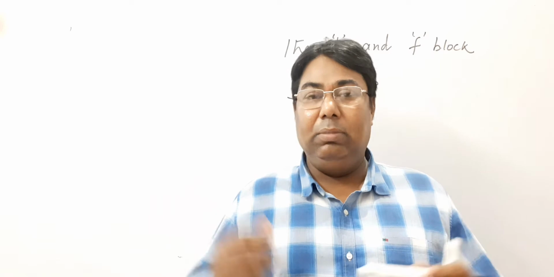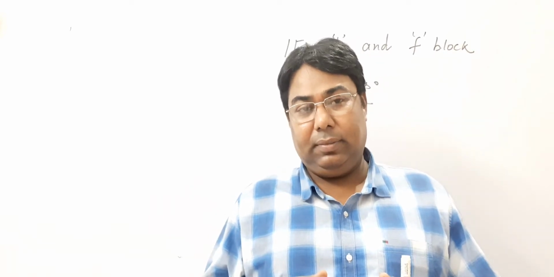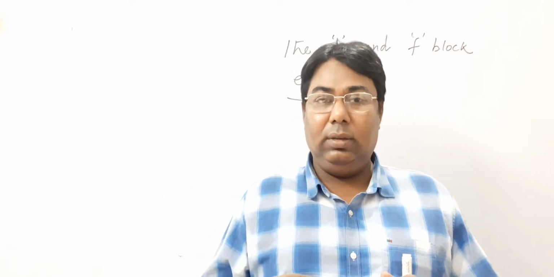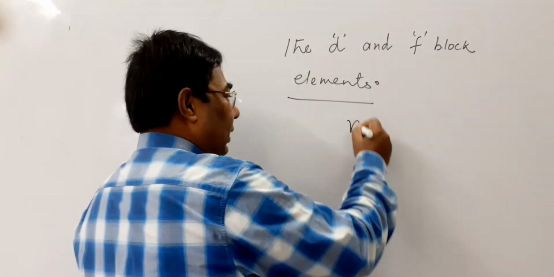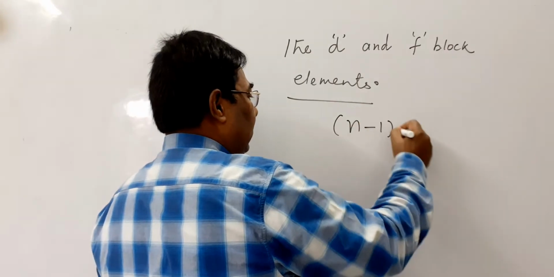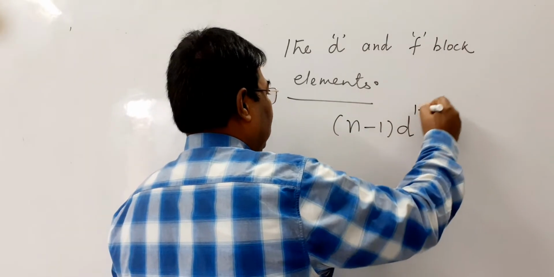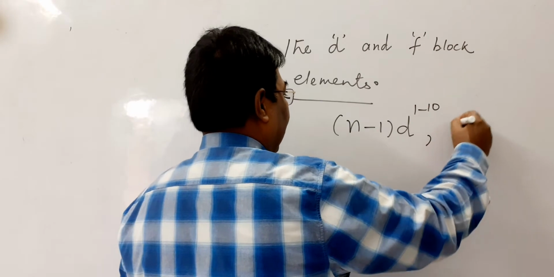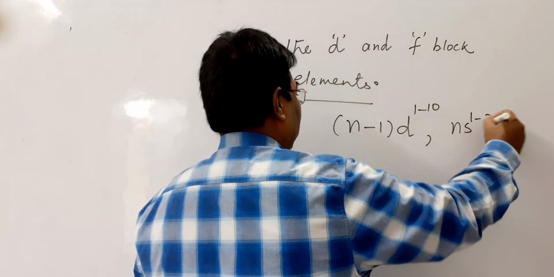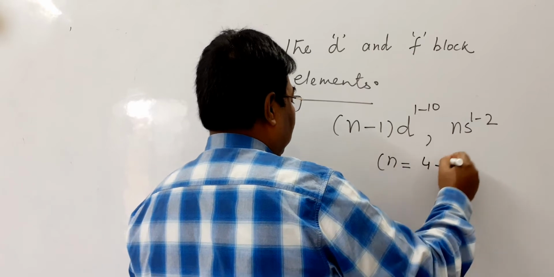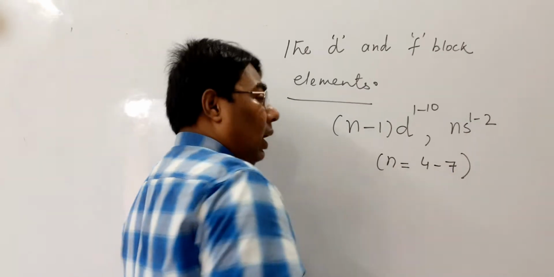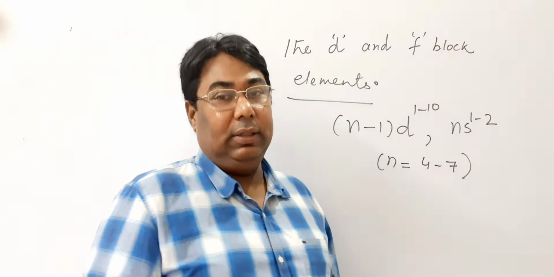Actually, what are the d-block elements? First of all, the elements having outermost electronic configuration (n-1)d^1-10, ns^1-2, where n is equal to 4 to 7, are known as d-block elements.